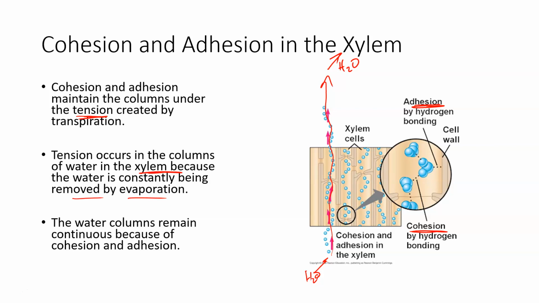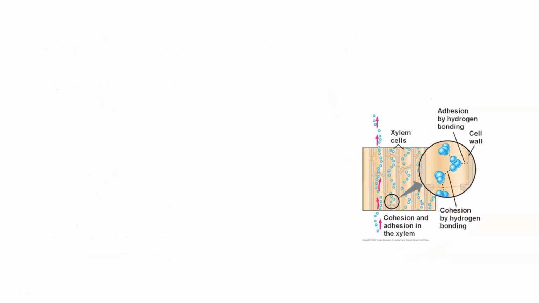It is really important in fully understanding not only how plants remain hydrated, but also how plants constantly replace the water they lose through the photosynthetic pathway. The water columns remain continuous because of the cohesion and adhesion. Water molecules are constantly attached to other water molecules, which creates a continuous column of water.